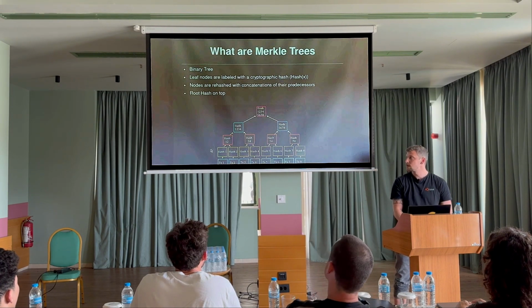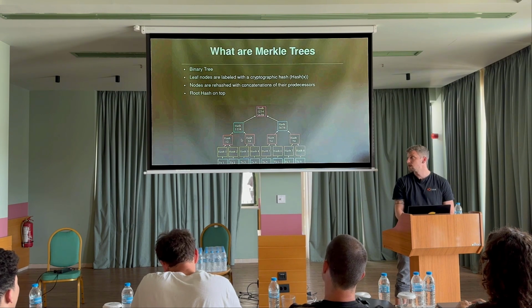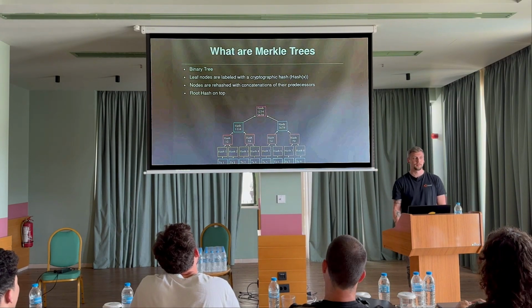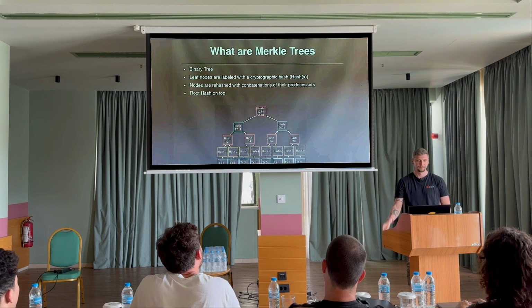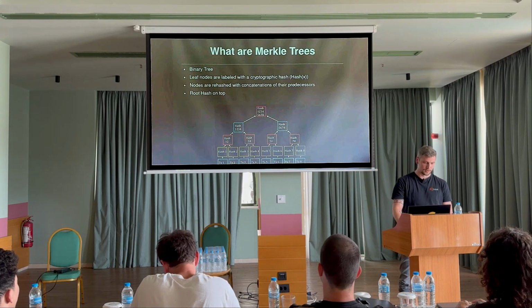From here we go up: we always concatenate pairs of hashes to get another hash, and we do the same for the next row, until we end up at the root. This is the piece of data which we would, for example, store inside the smart contract. So now we have created the Merkle tree.